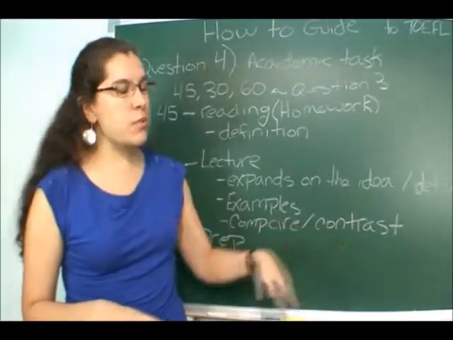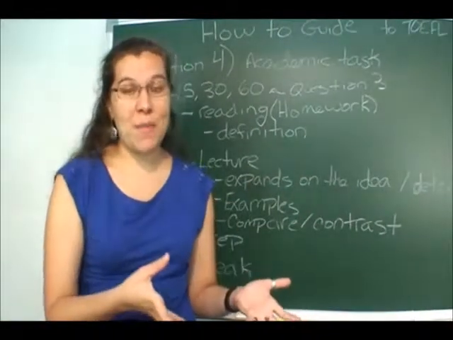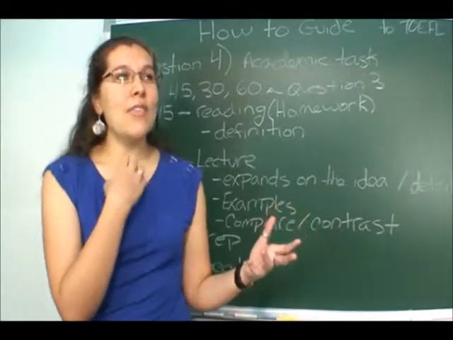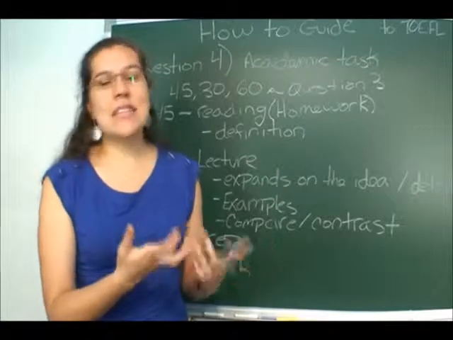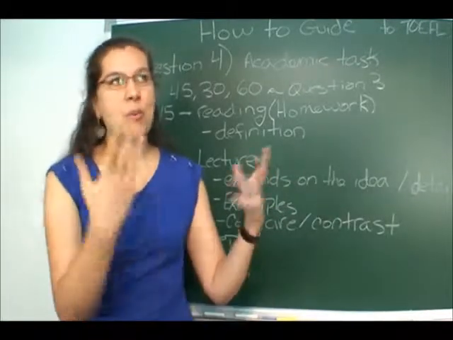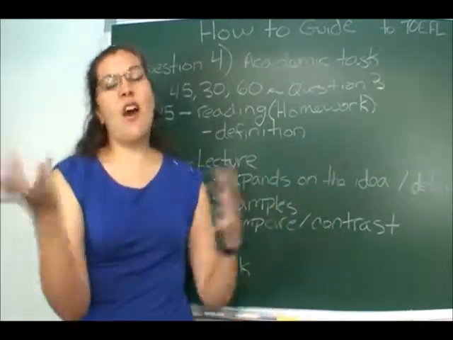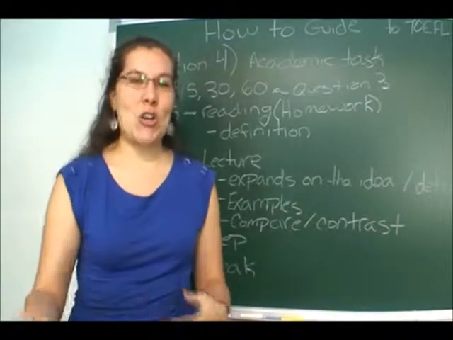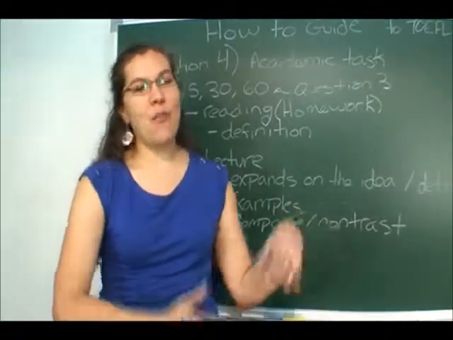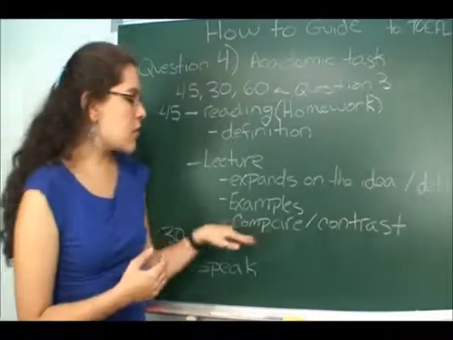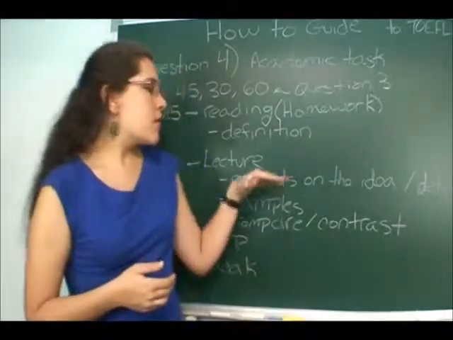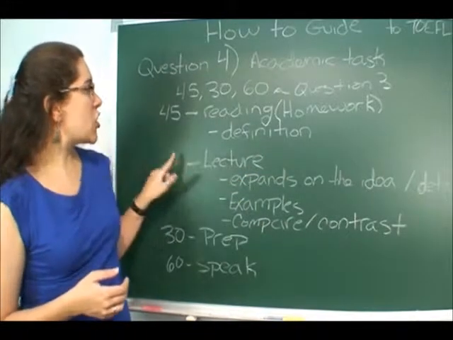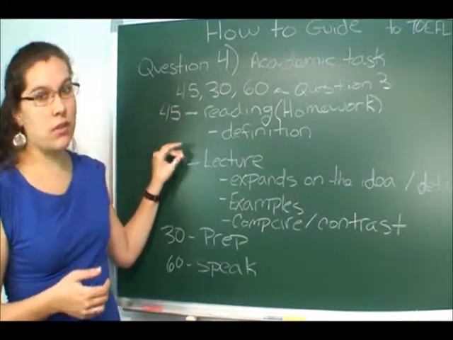Whereas the lecture will talk about the dangers of the car making industry, about how it's not sustainable, and an example of when a Japanese car company started selling more cars, and then this American car company, and everybody lost their jobs. So they're talking about the same idea, but looking at it 2 different ways. So these are some of the ways the lecture and the reading relate to each other.